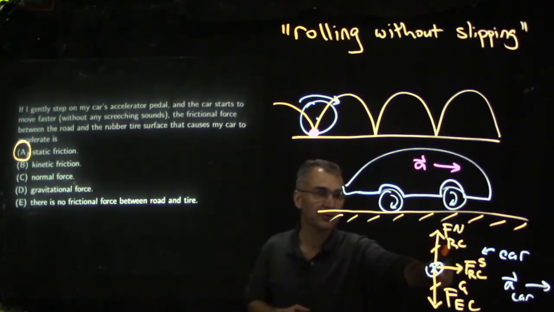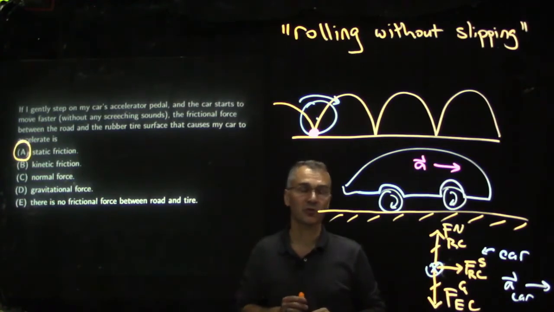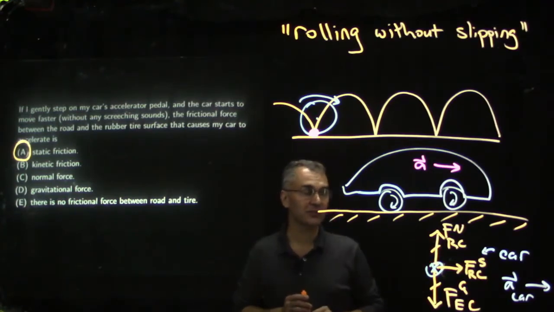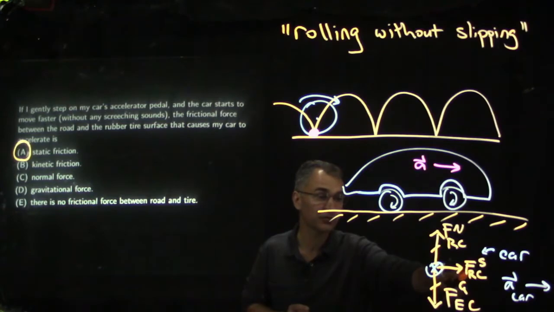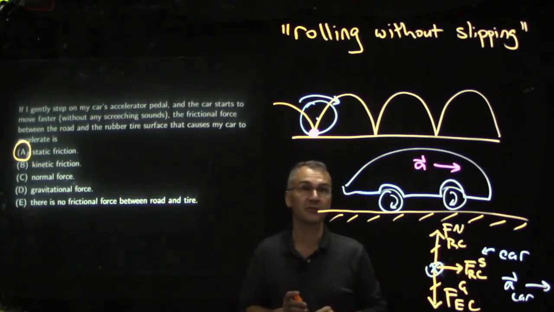The road is exerting an upward normal force on my car, perpendicular to the road surface. Normal means perpendicular. And then static friction is exerting a forward force on my car. The road is exerting a force in the forward direction on my car. It's the force of static friction.